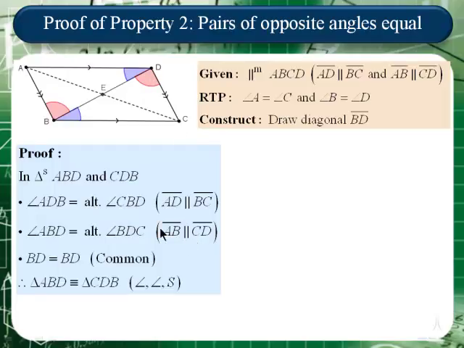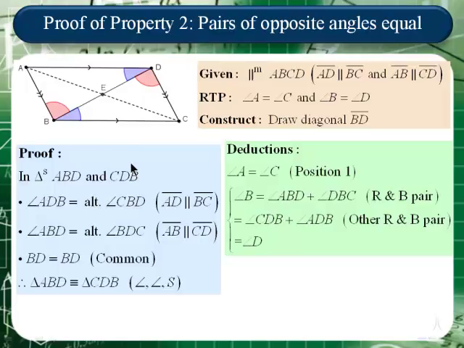Remember, you need to write the reasons, and of course, as we've seen before, BD is a common side. So in exactly the same way as in the previous one, we now can conclude that the two triangles must be congruent because we have two angles and the side of the one equal to two corresponding angles and the side of the second one.